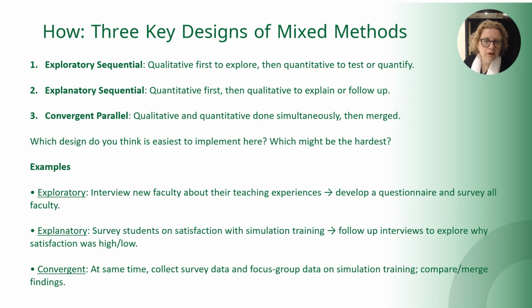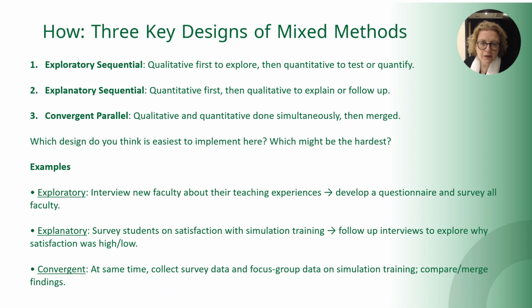Exploratory sequential: you interview new faculty about their teaching experiences, and then you develop a questionnaire to get more facts and data that are hard numbers. Explanatory: you collect survey data, and then you follow up with interviews to get more insights into satisfaction.